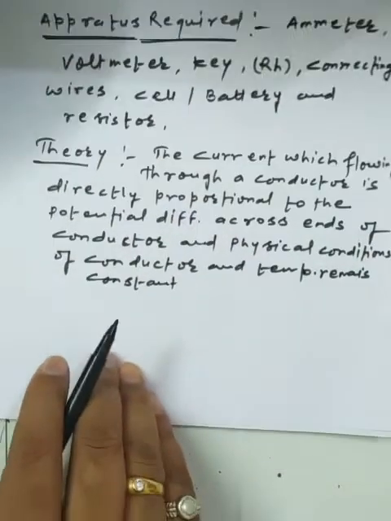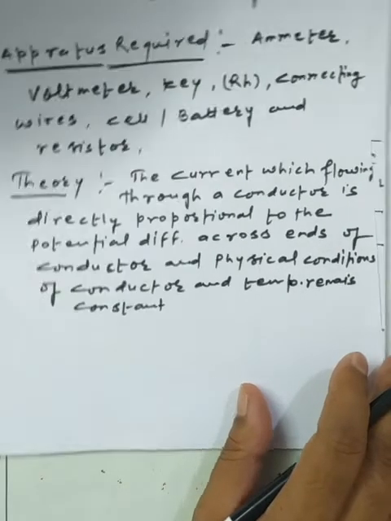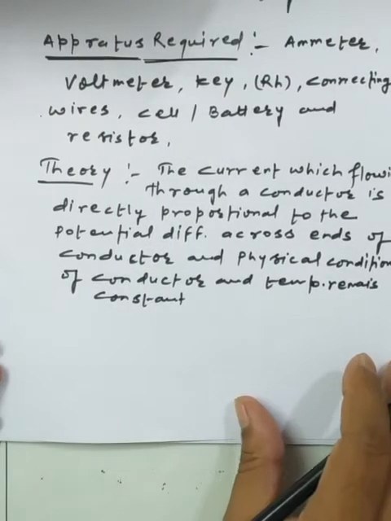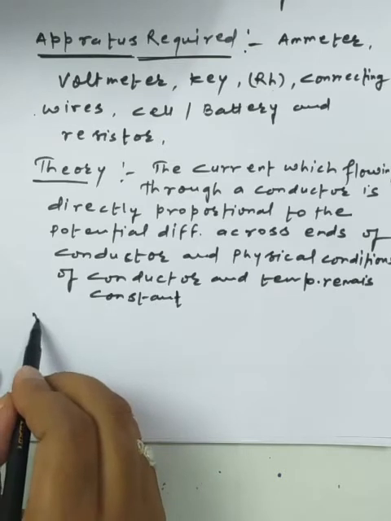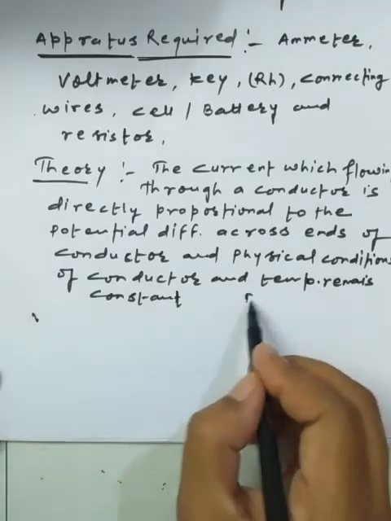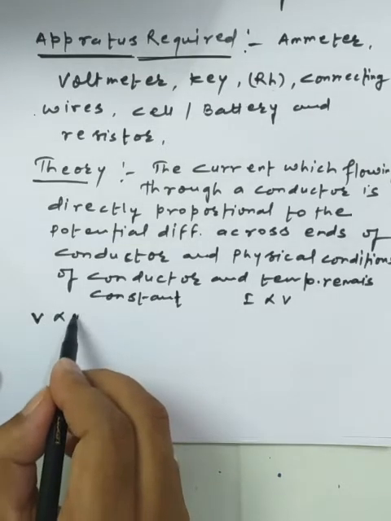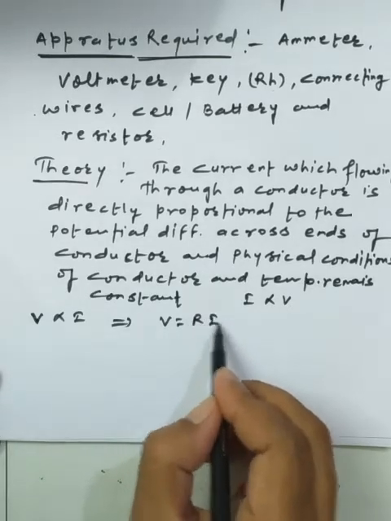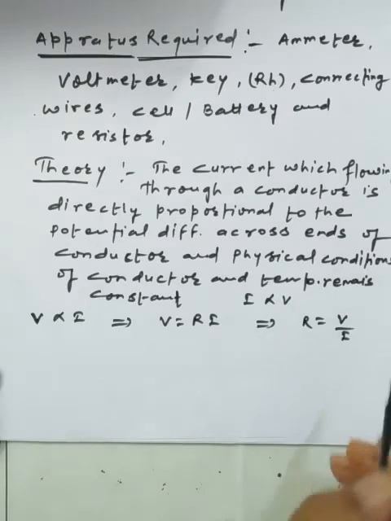So this is one of the basic assumptions we have, and we have already discussed the concept of the definition in the previous lecture. So we can state it: I is directly proportional to V, and we can say V is directly proportional to I. So this implies that V is equal to RI, and it gives the formula R is equal to V upon I. Okay, so this is the basic concept we have.